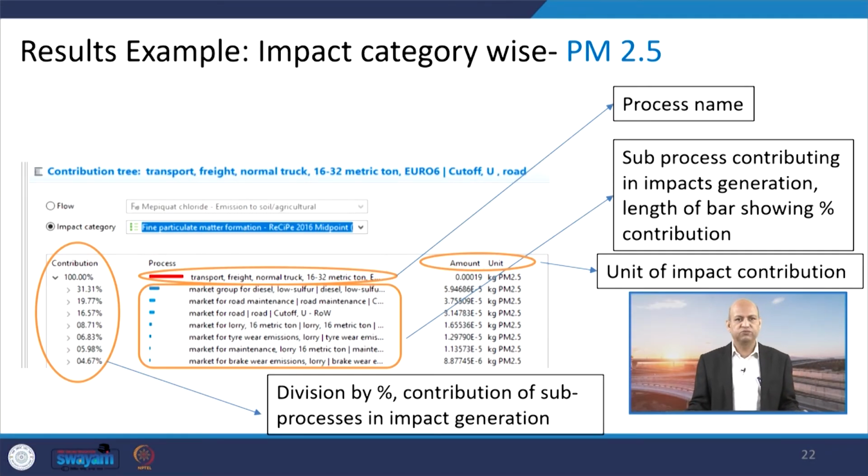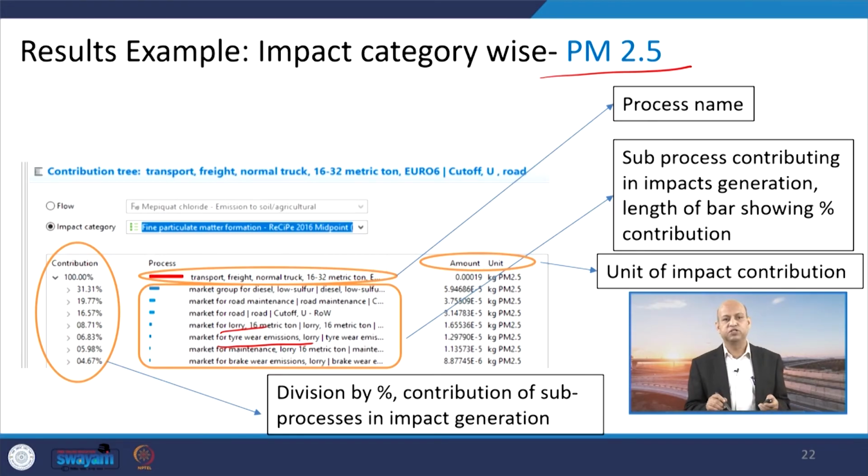The results when we see in terms of different categories for PM 2.5, you can see different activities like road cutoff, lorry related, tire wear emissions, all these emissions in some percentage. The model is giving these in a particular sequence, not in descending order, so please do not get confused.